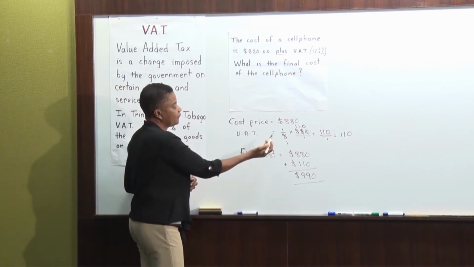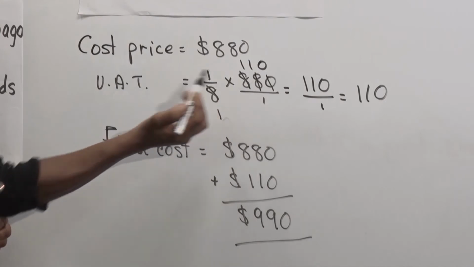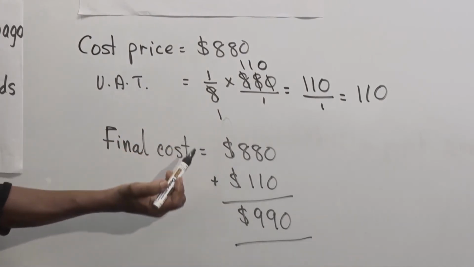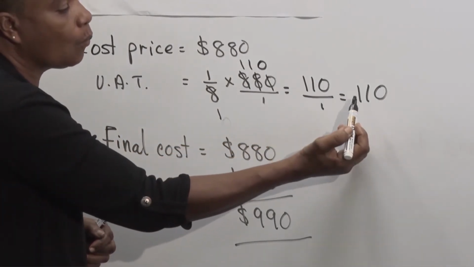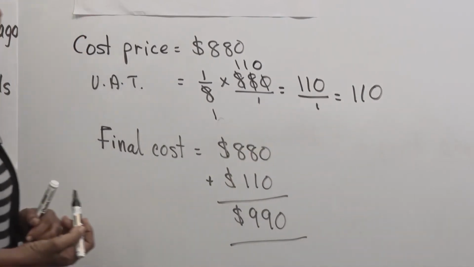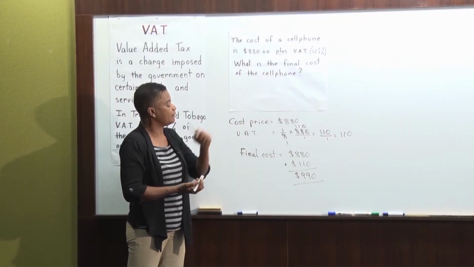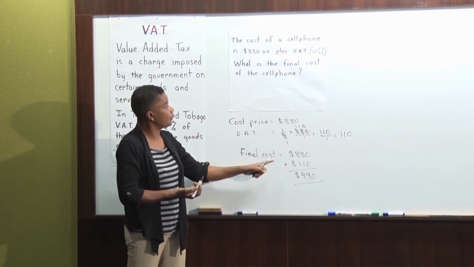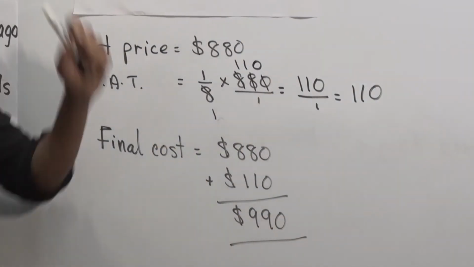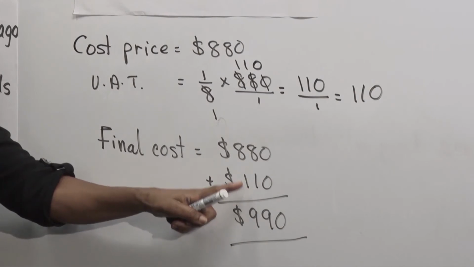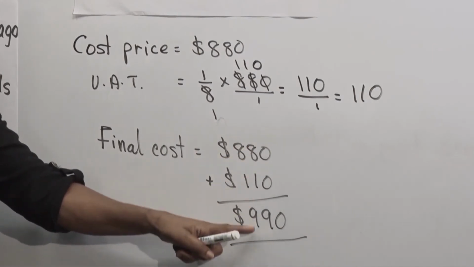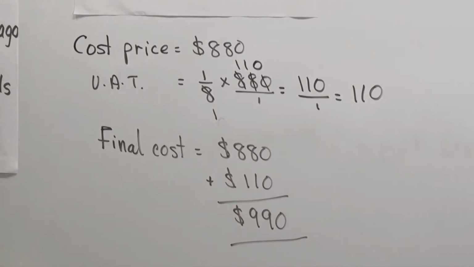The VAT is 1/8 of the cost. When we work out the VAT, it works out to be $110. But the sum asks us for the final cost of the cell phone, which means we have to now do the plus VAT part. We have to add the VAT to the cost. When we add the VAT to the cost, it will come up to $990.